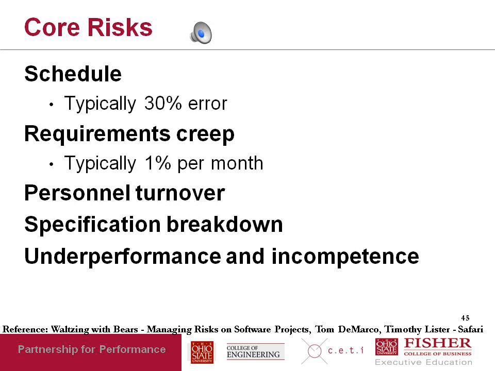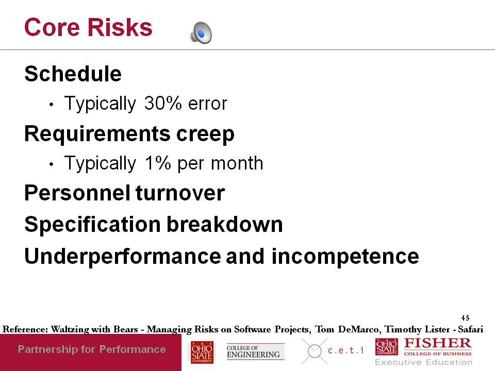So now that you've understood the principles behind risk management, let's take risks in software projects. Software projects have what are known as core risks that all software projects will have, and then they'll have risks that are specific to a particular project. So there are 5 core risks. Schedule risk, which is the project will be delayed and will not come in under schedule.